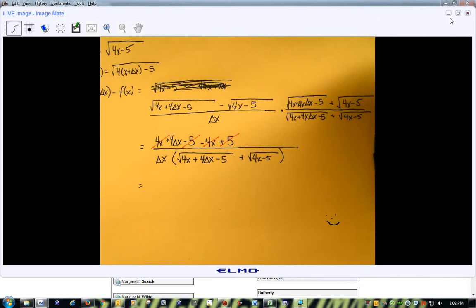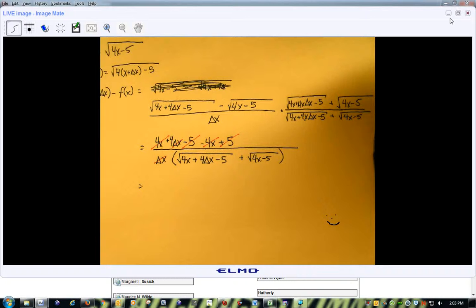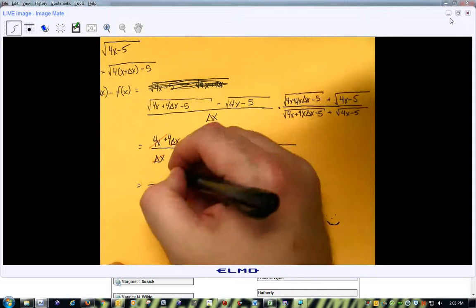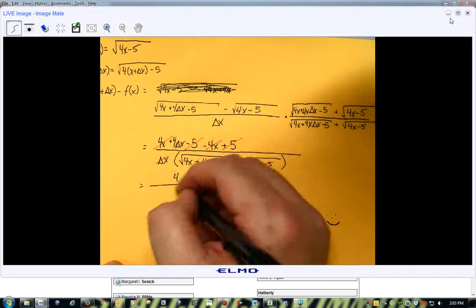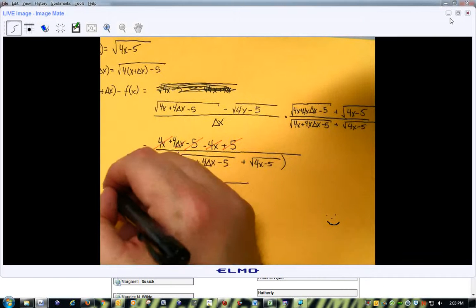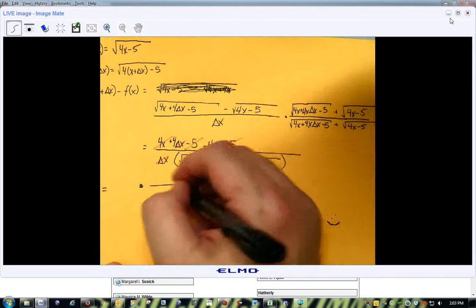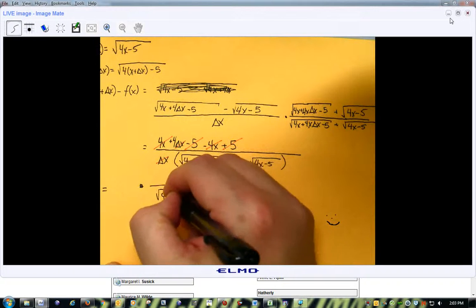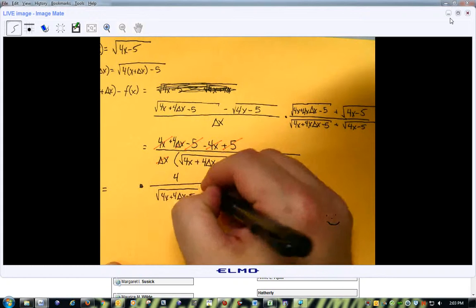And then I can divide out the delta x's, and now I'm going to be left with 4 over the square root of 4x plus 4 delta x minus 5 plus the square root of 4x minus 5.